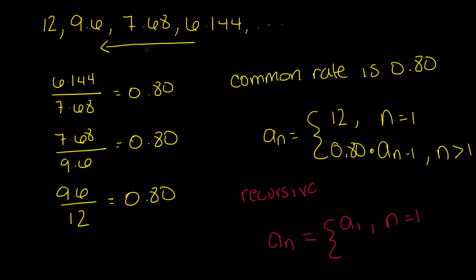A1 represents the first term value, so in this case it's 12. And then this one would be my ratio times a sub n minus 1 for n greater than 1. So that would be your generic recursive definition.